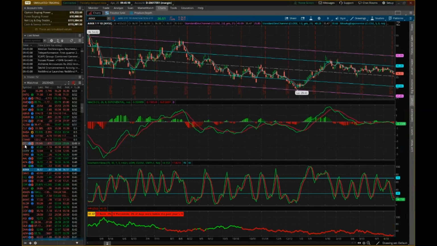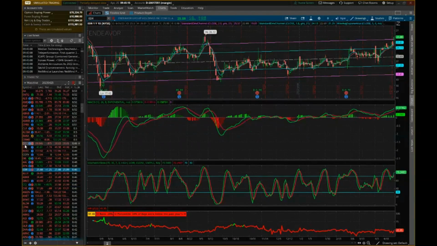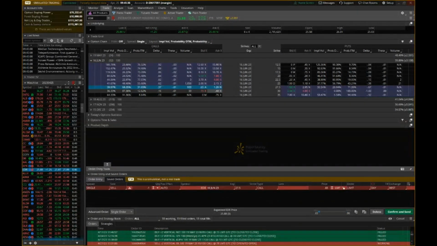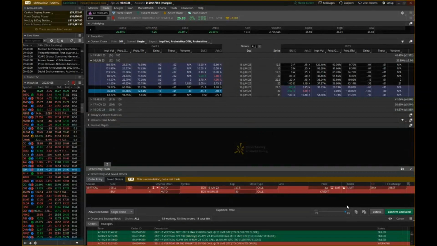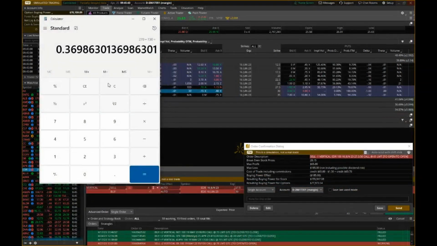Okay, we're now under 50 IV. So, I think this is a gold stock, maybe, Endeavor. Could be double topping soon. I don't like the upward trend. So 27.50, 30, decent credit.